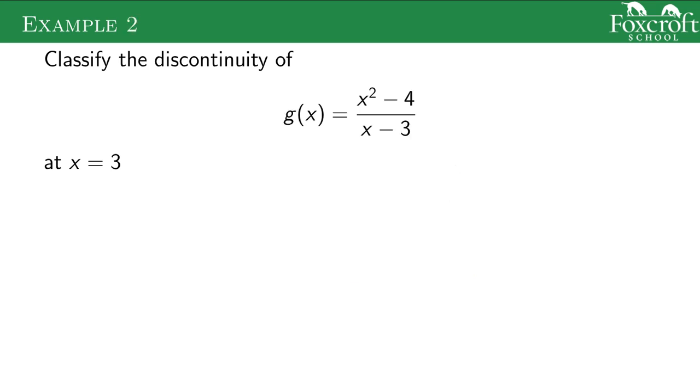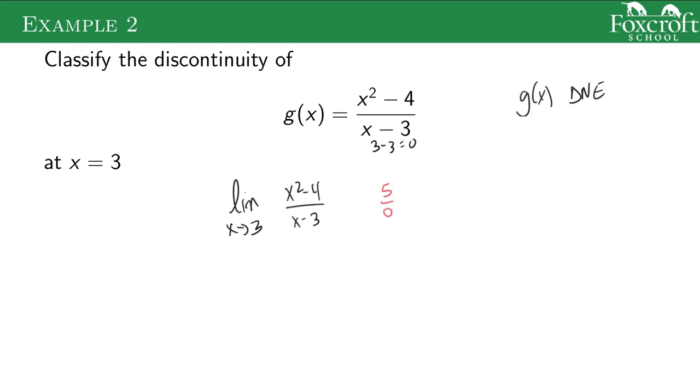What about this example? If I try to plug in 3 right away, I get 3 minus 3 is 0, so my function value does not exist. But what about the limit? Let's look at the limit as x approaches 3 of x squared minus 4 over x minus 3. If I plug in 3, I get 9 minus 4 is 5 over 0.